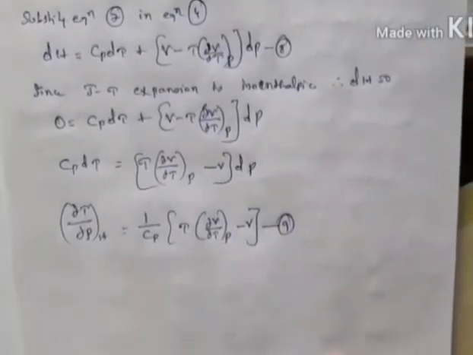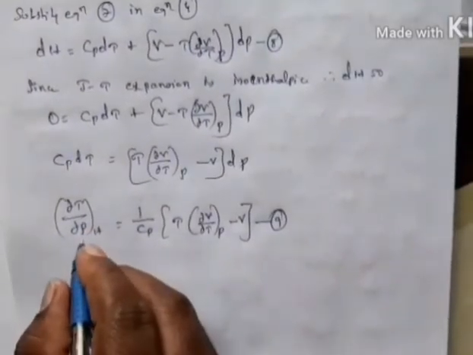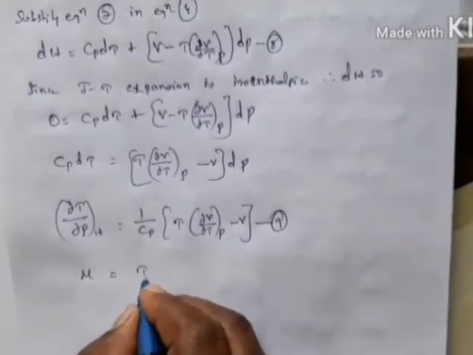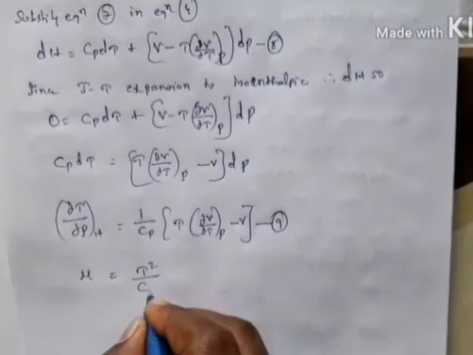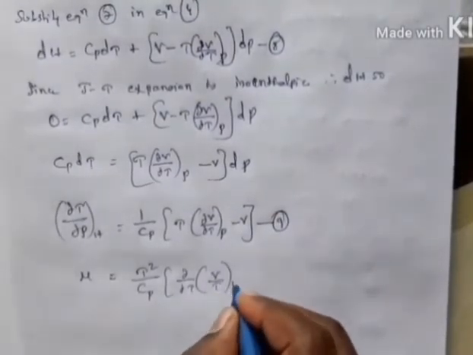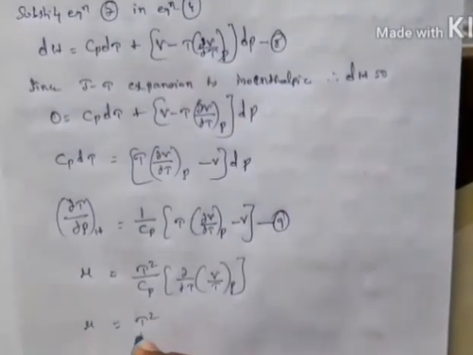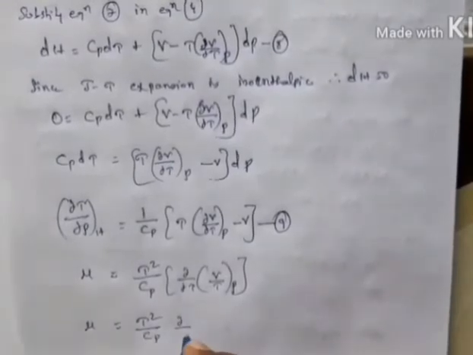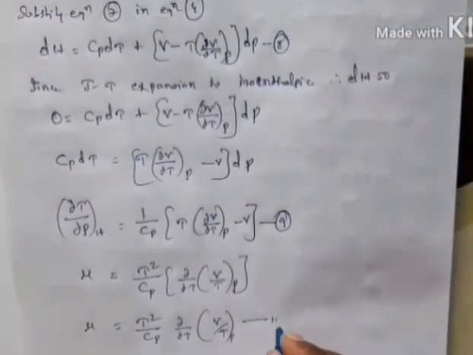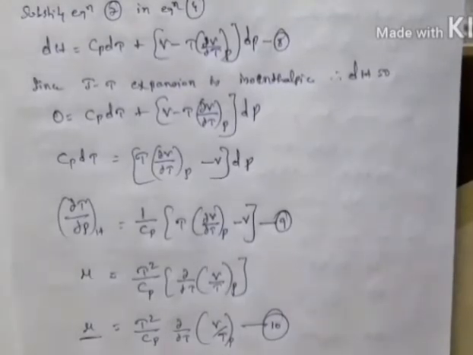Now (∂T/∂P)_H is in the sense mu, which is equal to, if we simplify this one, T² / Cp ∂/∂T (V/T)_P, equation number 10. So this represents the Joule-Thomson coefficient.